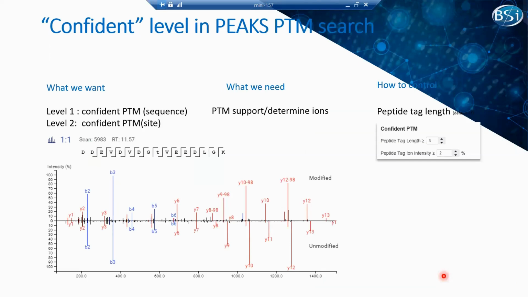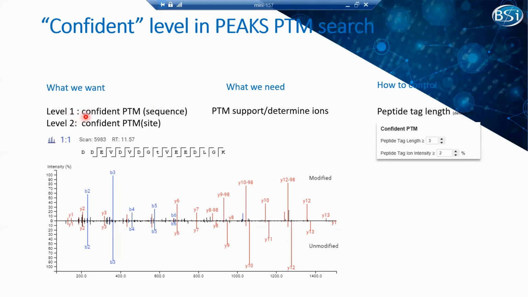Okay, now we can introduce more details. We always emphasize that this is a confident PTM. But how confident is our PTM, or more precisely, how confident are these PSMs? Here we divide it into three levels.